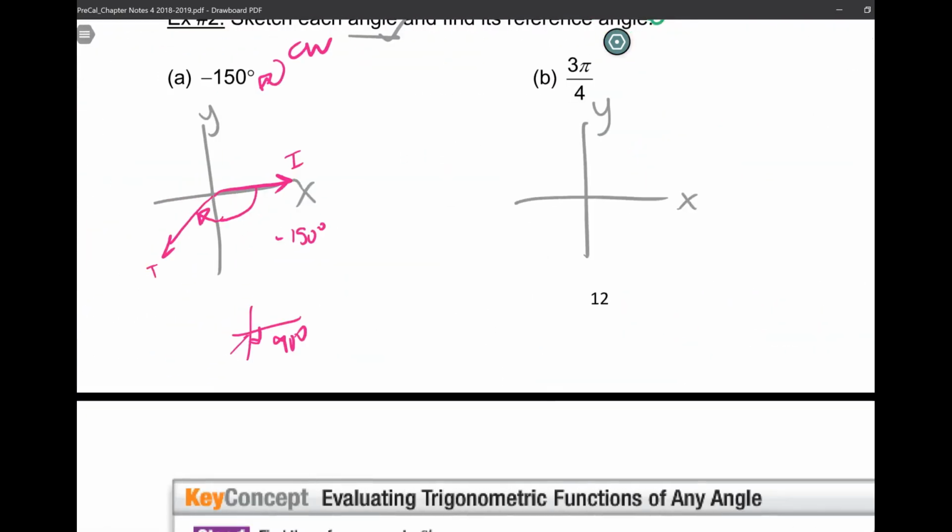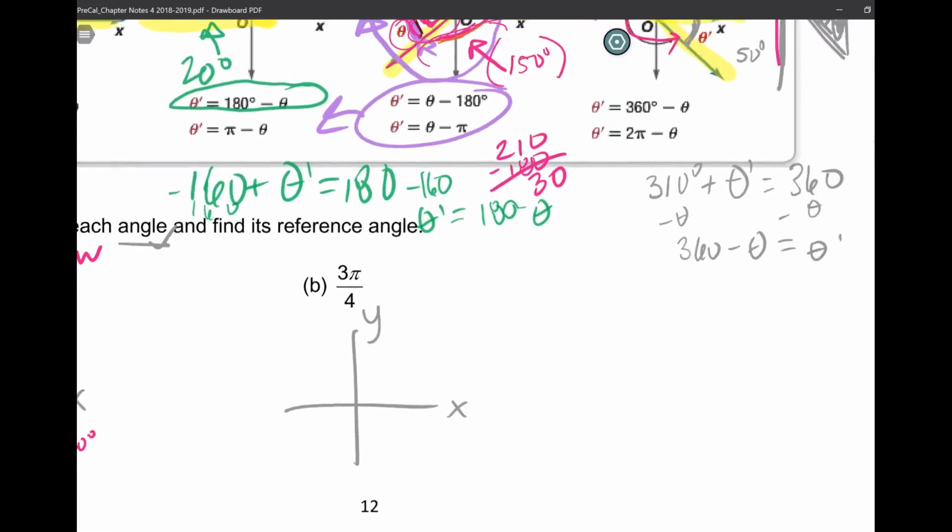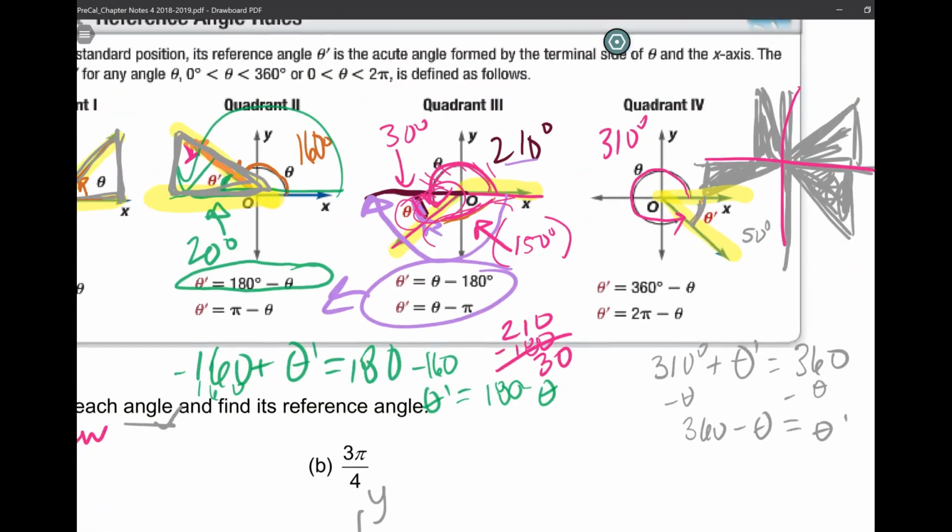So here is my terminal side. Here's the x-axis. Hey, look, they meet at this one vertex point right here. That's going to be my theta naught, whatever. So this is the angle I'm interested in. Reference angles are always between your terminal and your x-axis. You can kind of think of this as a butterfly. Of course, God, that's really ugly up here.